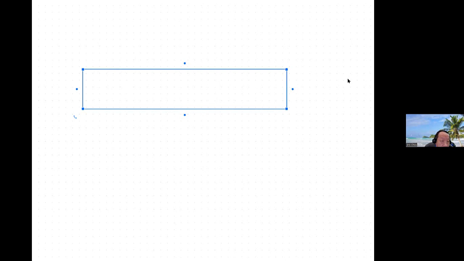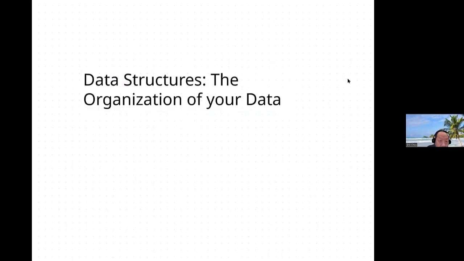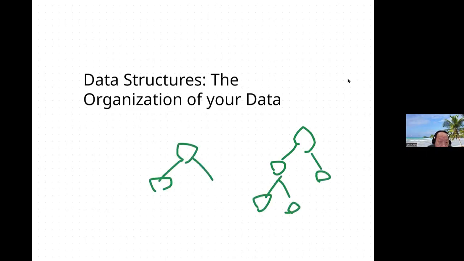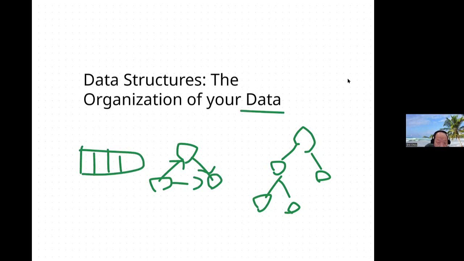So your data may be an array, maybe a tree. You may have a graph. You may have an array. This data's organization, we call it data structure. So array is one kind of data structure.